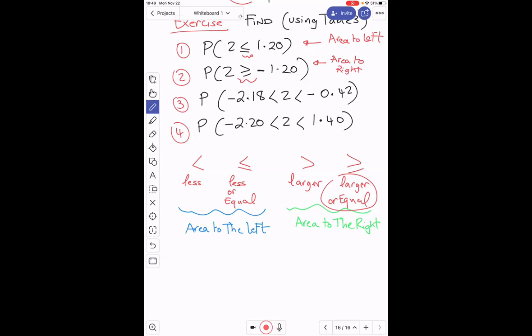Now for number 3 and 4, as you can see, Z is between two numbers.